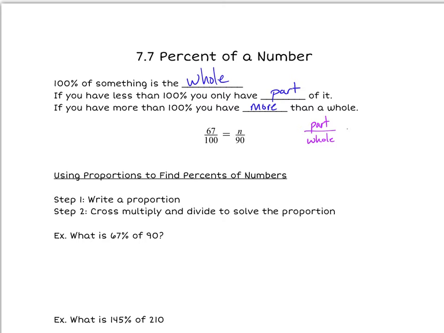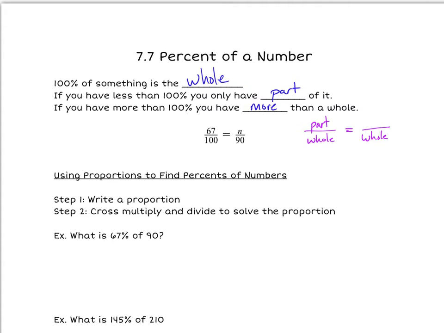So when you're doing a proportion, what we talked about previously is that you always want to keep the same values in the same location. Since on our 67 out of 100 the whole is on the bottom, on the one on the right we want to make sure that the whole is there. So the 90 would represent all of something.